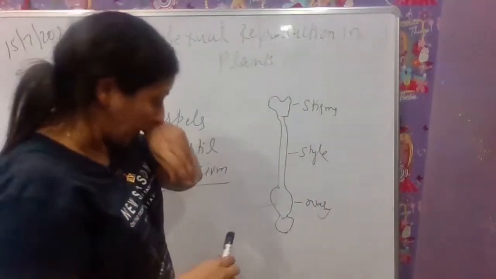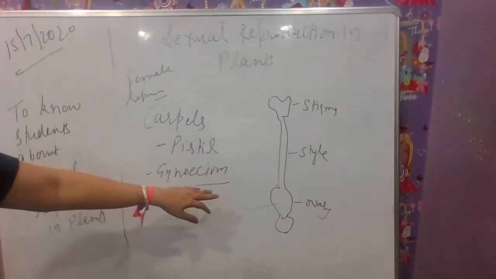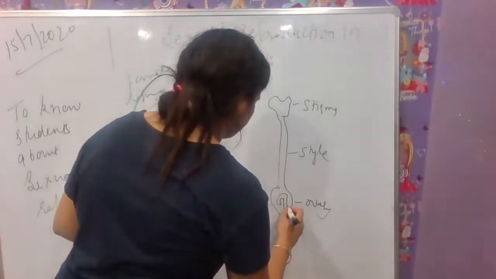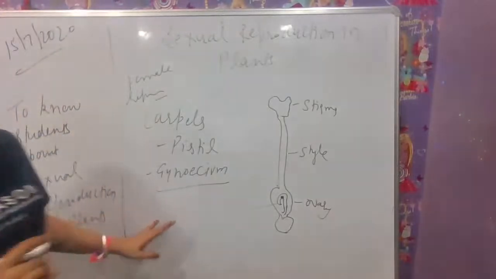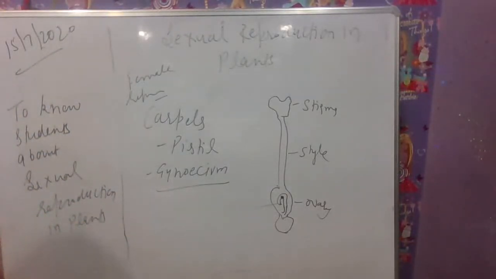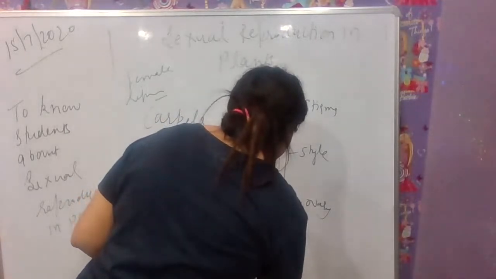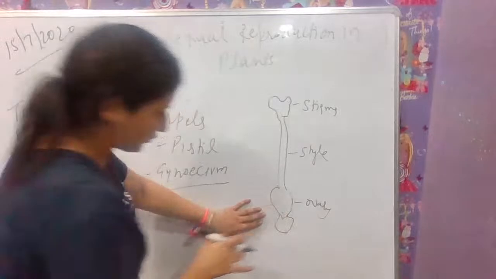Then the ovary consists of ovules, which consist of egg. Ovary consists of ovule, which consists of egg. Let me just draw it.